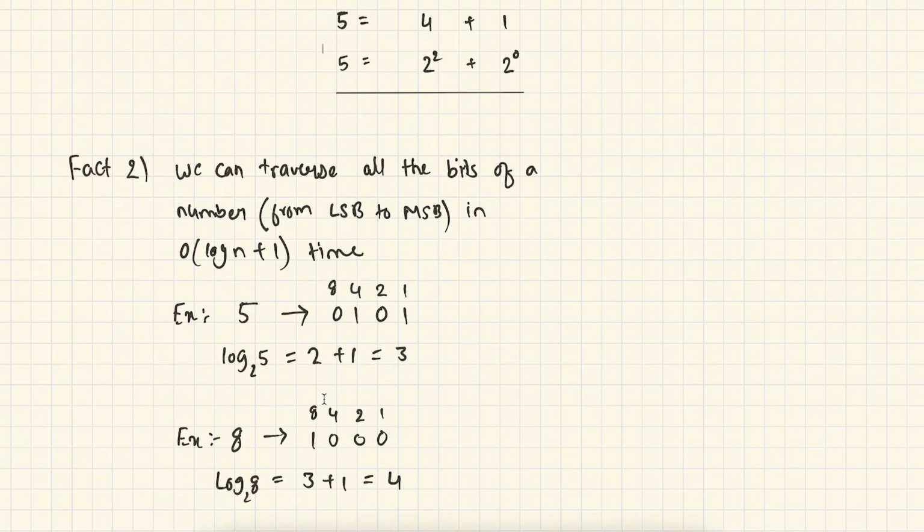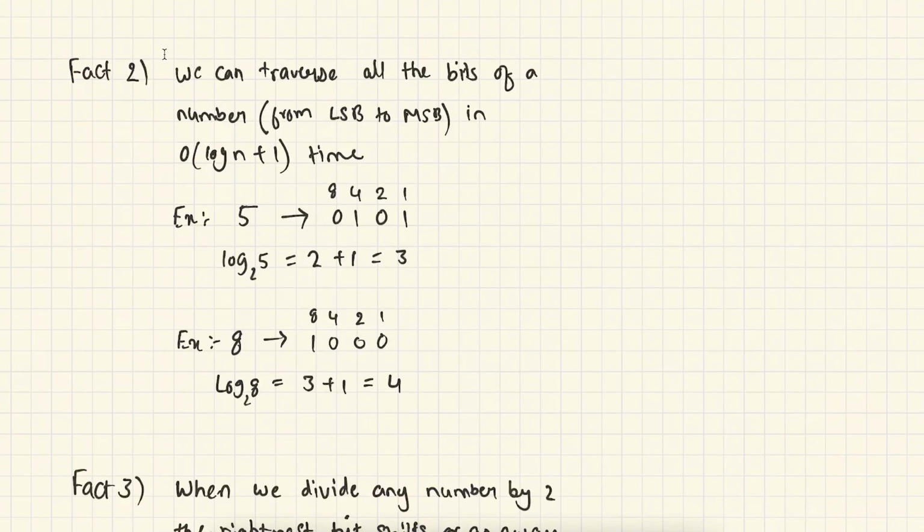The next fact is that we can traverse all the bits of a number from the least significant bit to the most significant bit in big O of log n plus 1 time. Let's understand this. Again, if we have 5, the binary representation of 5 is 0101, and the values of the bits are 1, 2, 4 and 8.